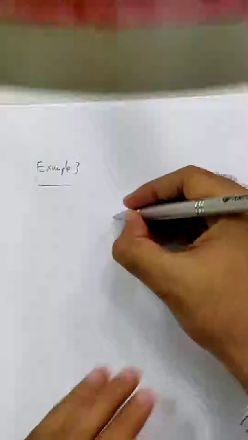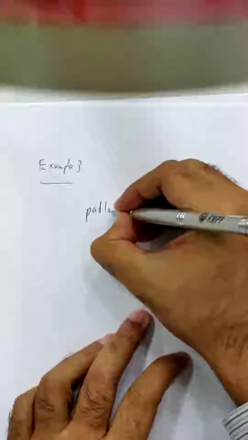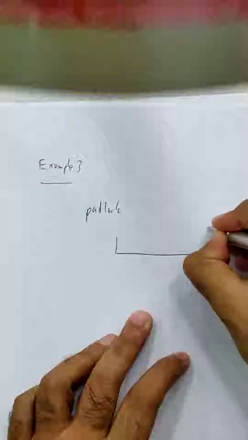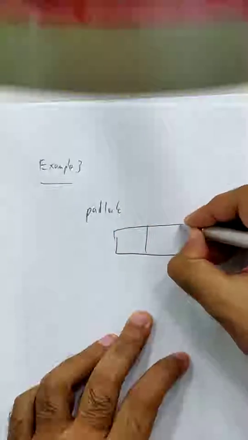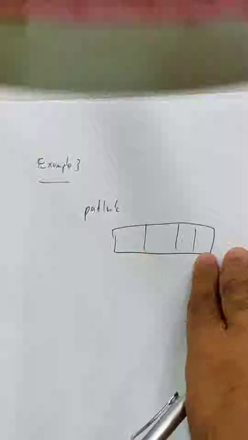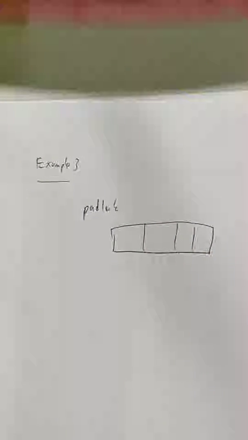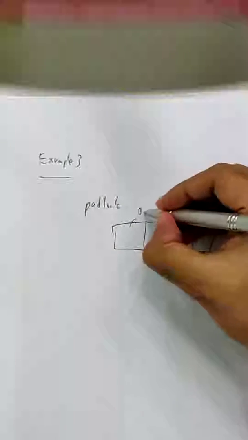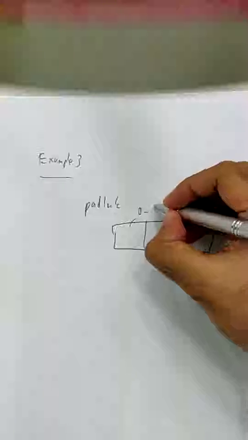Next example. Everyone knows a padlock, right? Let's say there's a padlock with a 4-number combination. And the numbers you can have over there are 0 until 9.